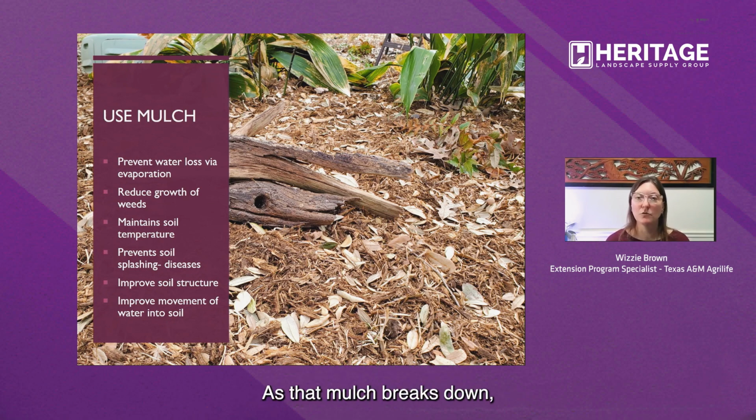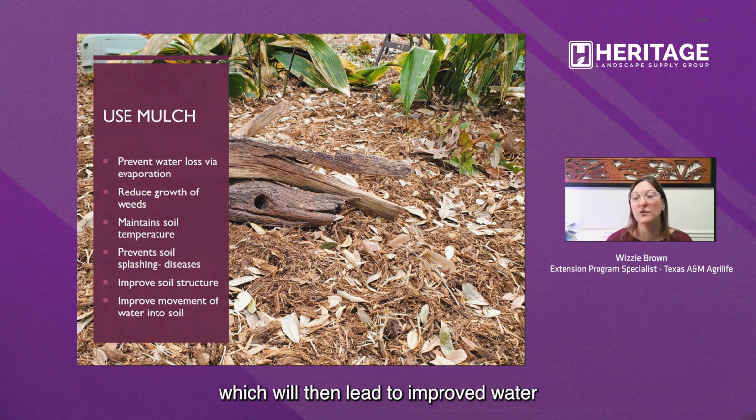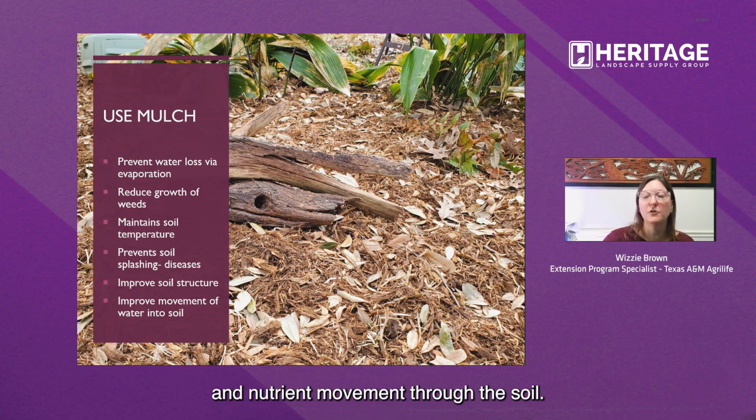As that mulch breaks down, if you're using something that is a natural mulch, then that will help to introduce organic matter into the soil, and it can improve your soil structure over time, which will then lead to improved water and nutrient movement through the soil.